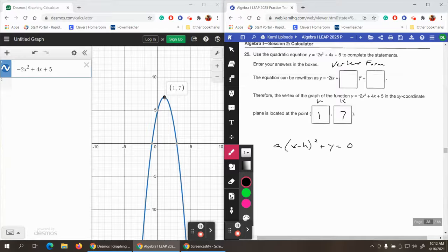And so this would be a(x minus a positive 1) squared plus 7, which would make this (x minus 1) squared plus 7.